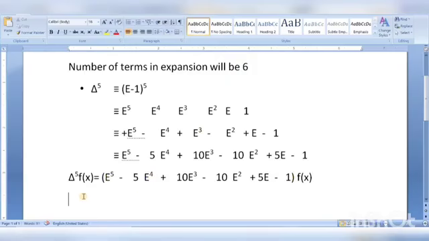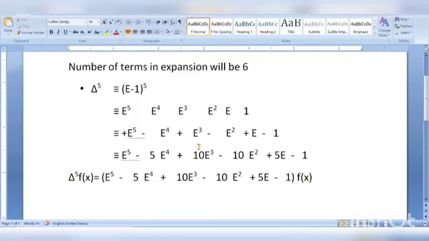So though we have any power of delta, 5, 6, 7, as we know the binomial coefficients, and if you know the steps properly, you can immediately write down the expansion of this. In one step only you can write it down.